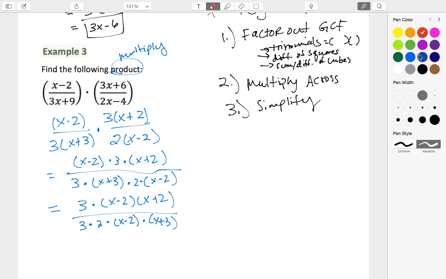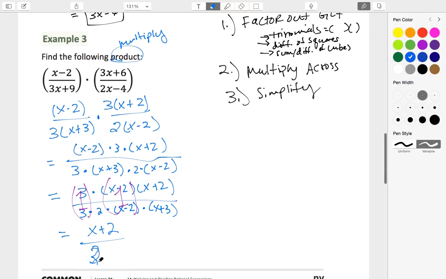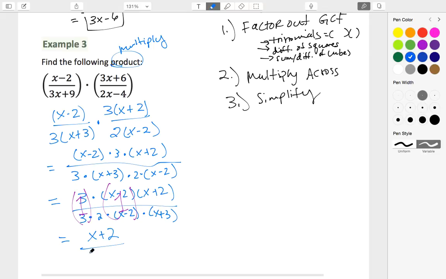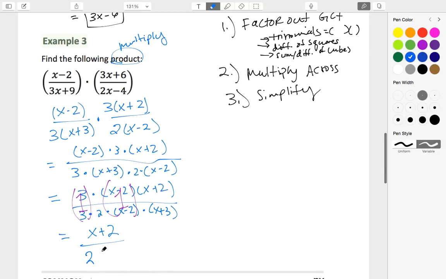I notice here I can apply the property of 1 for 3 over 3. I get 1. x minus 2 over x minus 2, I also get 1. And that's going to equal x plus 2 over 2 times x plus 3.